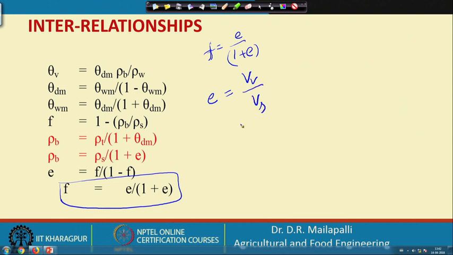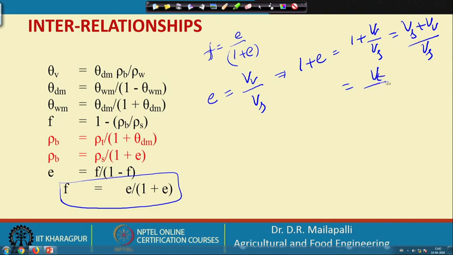Let us take 1 plus E, which is equal to 1 plus V v divided by V s, which is V s plus V v divided by V s, which is V t by V s.